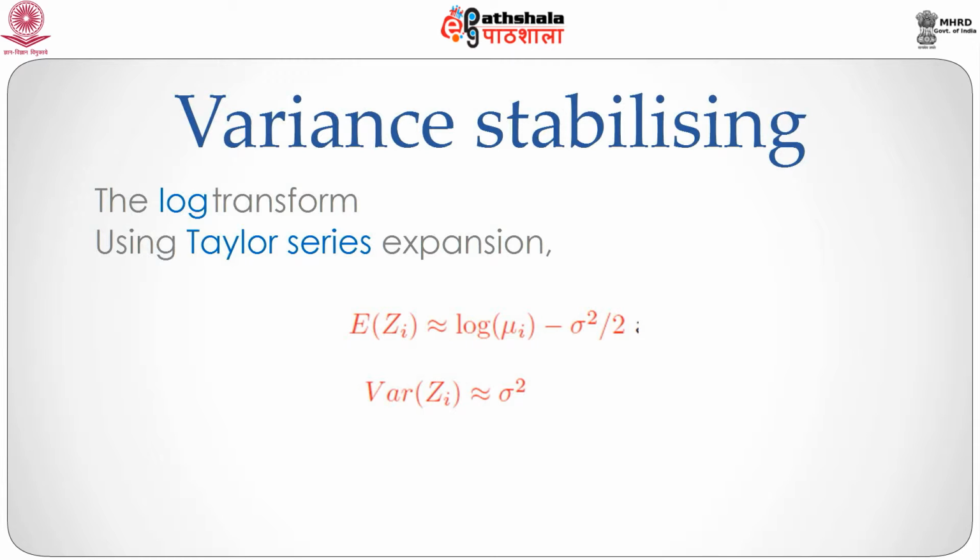Using these two relationships, we see that variance of zi is approximately sigma square. For small sigma square, we have expectation of zi approximately log mu i minus sigma square by 2 and variance of zi approximately sigma square.